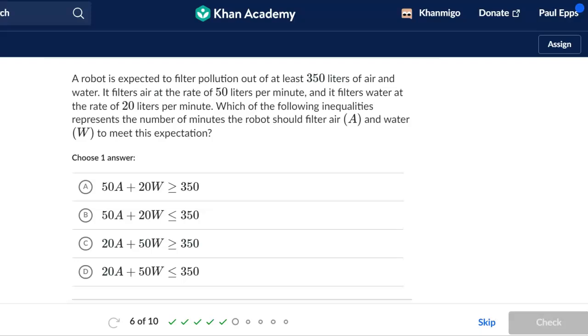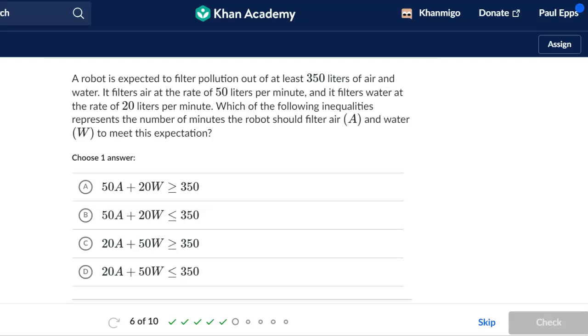what you have to do is find what variables in the equations represent what elements of the word problem. So in this case, A is air, W is water. Air is 50 liters per minute, so that's 50A. 20 liters per minute for water, so that's 20W.